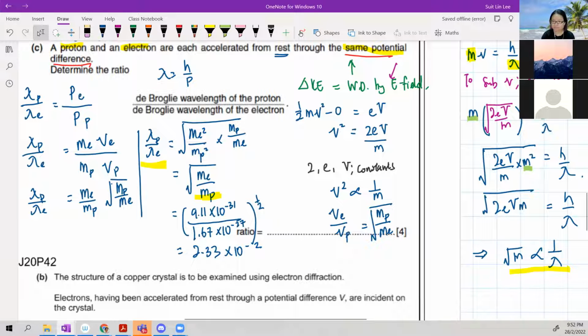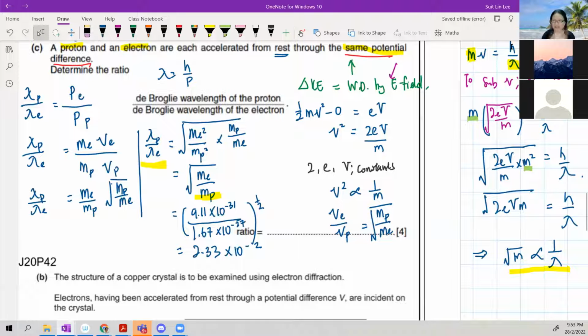It's just substitution. So to let you have a better sense of the steps required to substitute, as usual, numbers are easier for the brain, rather than knowing what to eliminate and knowing what to keep. So when I started this, I know I'm going to use this equation. Momentum is H over lambda. I chose to keep M and lambda because I know the mass of electron and proton, and I want to find the ratio of lambda.